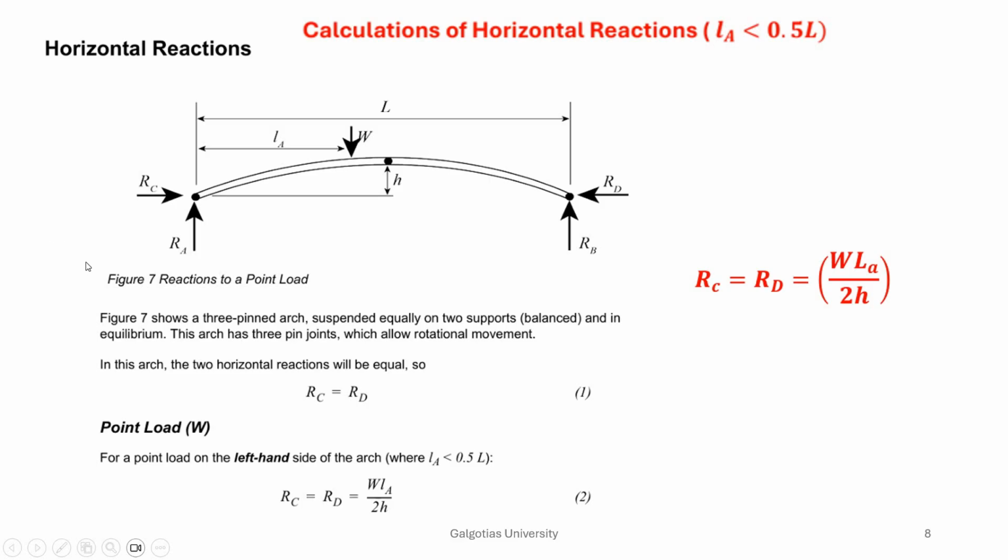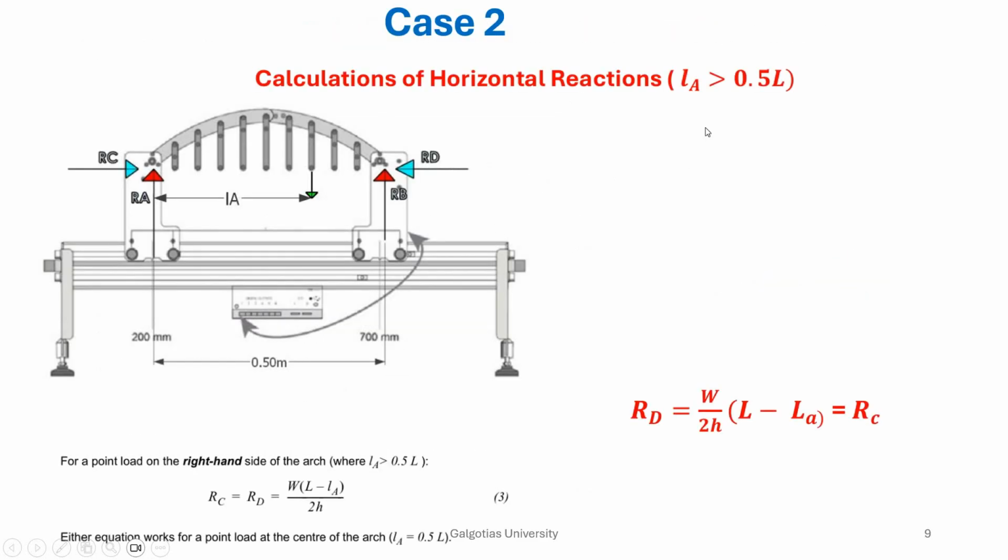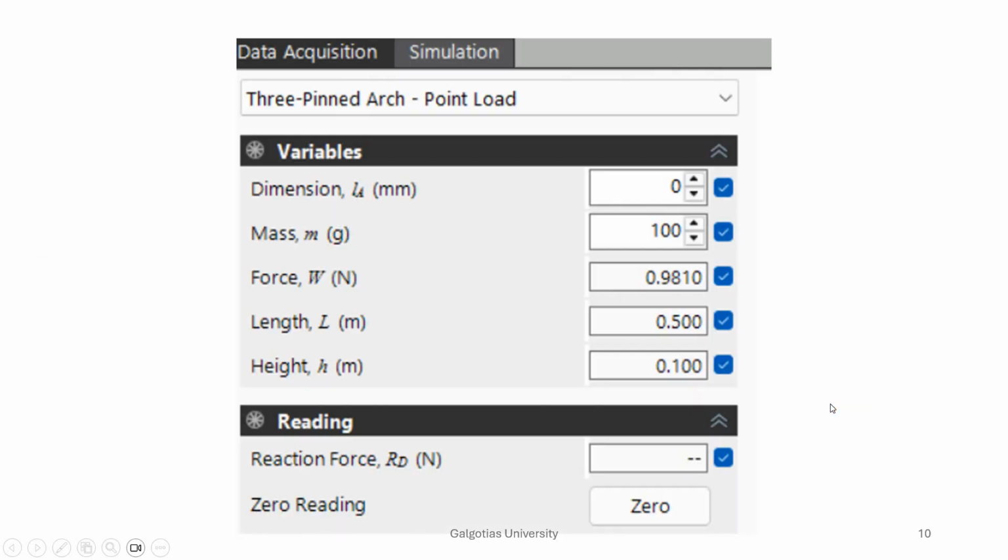Now it could be observed that this RC will nullify the effect of RD, and so they are acting in opposite directions, and the values of RC and RD are equal. Now this is case 2 where LA is greater than 0.5 L. So the student will use this formula to calculate the value of RD and RC.